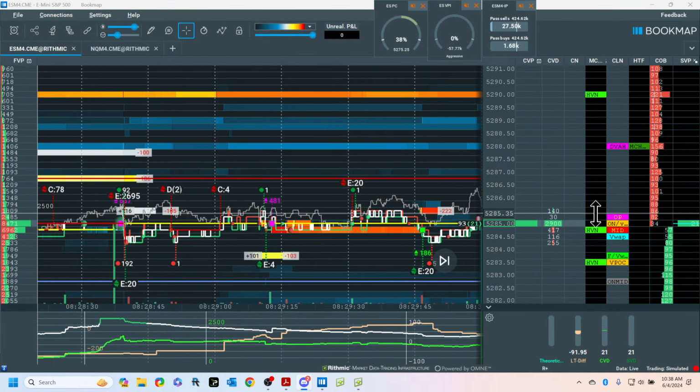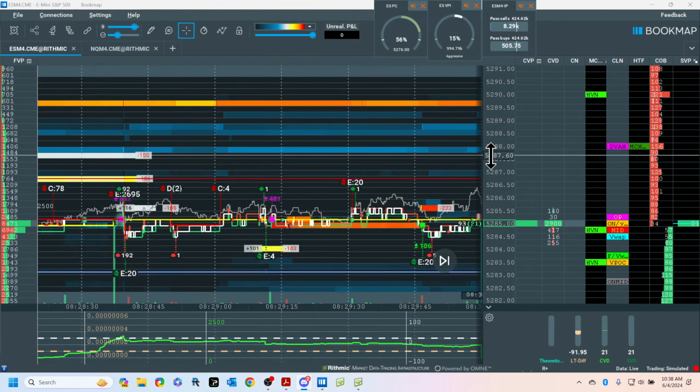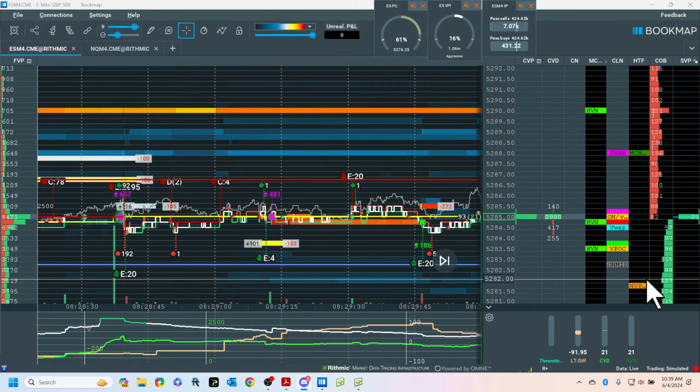The overnight mid here, there is an 83% probability to get to the previous close, and write these down. A 72% probability to get to the previous point of control, about a 70% probability. This is the previous point of control.